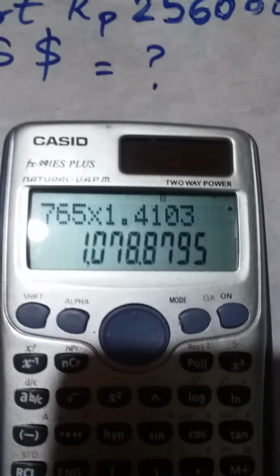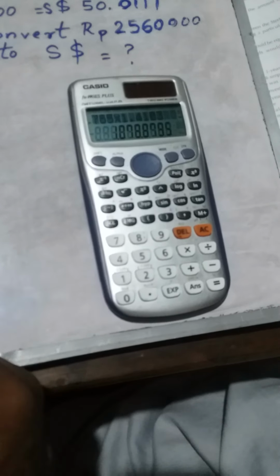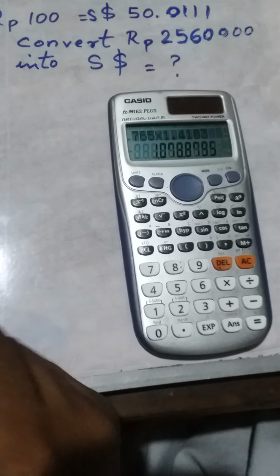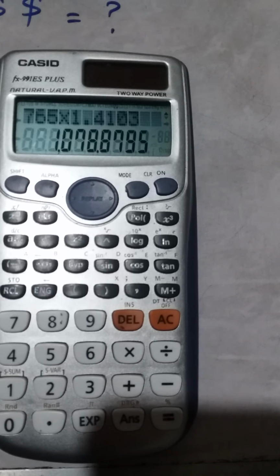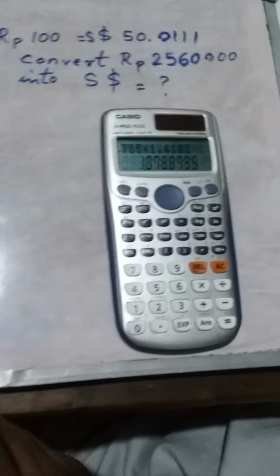So it is 765 multiplied by 1.4103, and that will be 1078.87, and the next digit is 9, so we can take it as 1078.88.